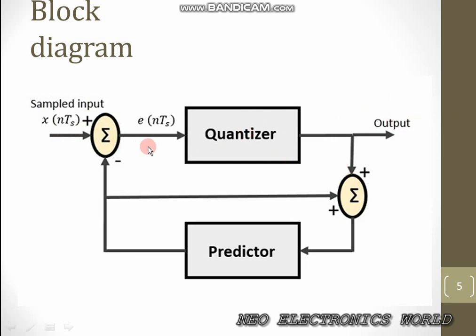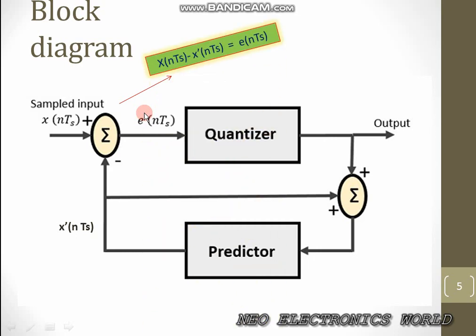This x of nTs, as well as the value of the previous sample predicted by the predictor filter, x dash of nTs, are combined to produce the error signal.